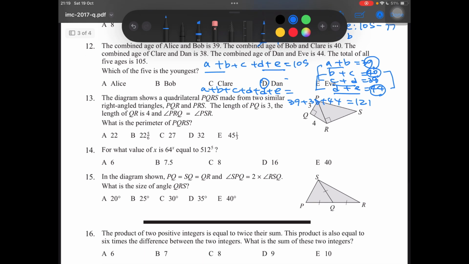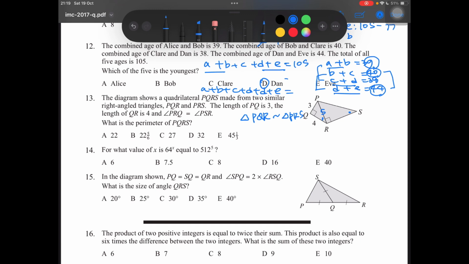Number 13. The diagram shows two similar right angle triangles. PQ is 3, QR is 4, then PR is 5. Now we know the corresponding angles and sides. The perimeter of PQRS: triangle PQR is similar to triangle PRS.